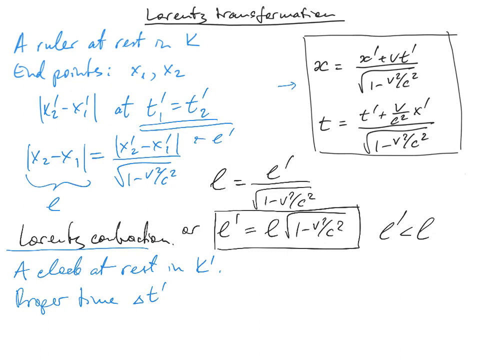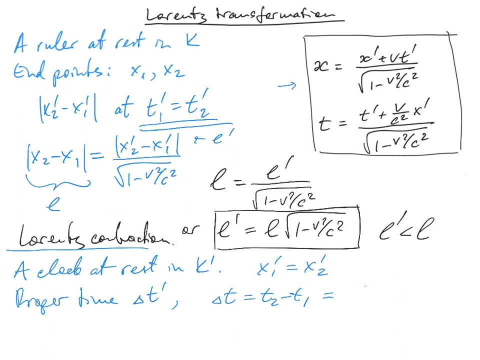coordinate transformation. Now, because the clock is at rest in K prime, that means x1 prime equals x2 prime. The clock just doesn't move; it's at the same place all the time. So if we then write delta t, which is t2 minus t1, and use the transformation formula, the terms with x prime will cancel.